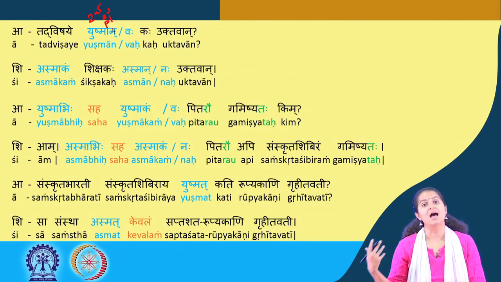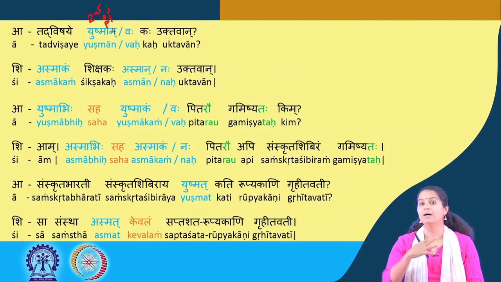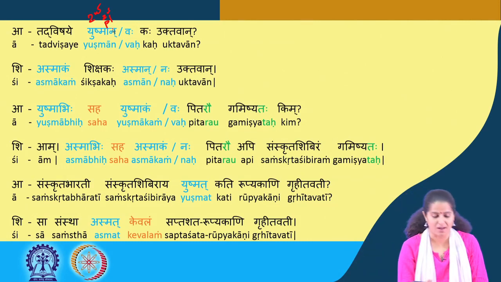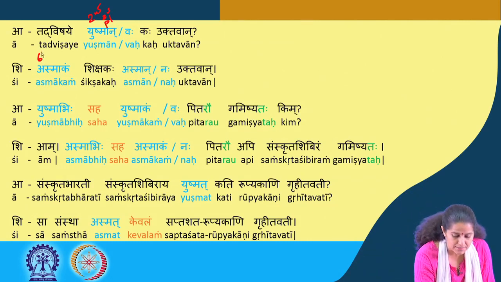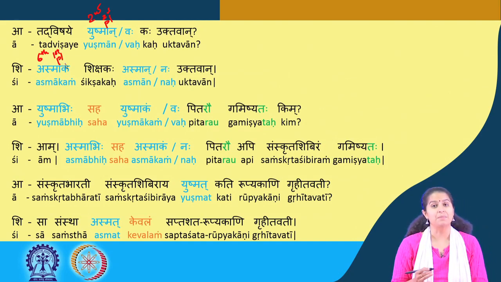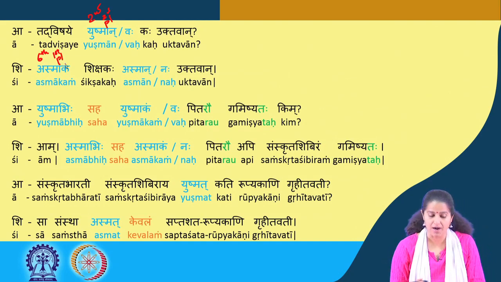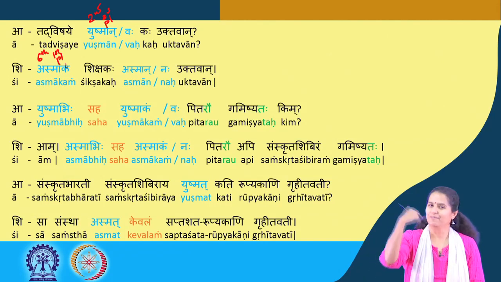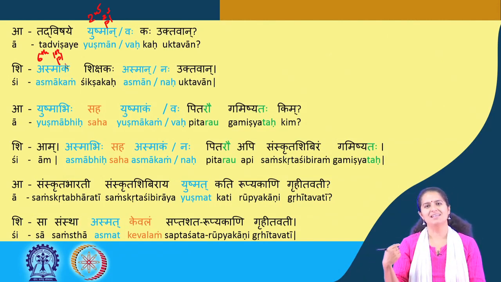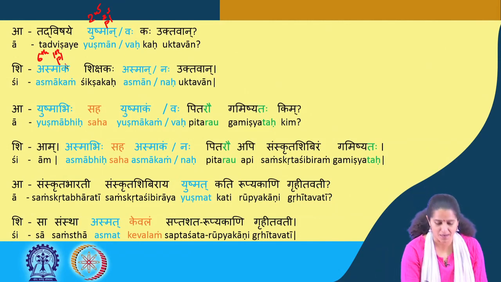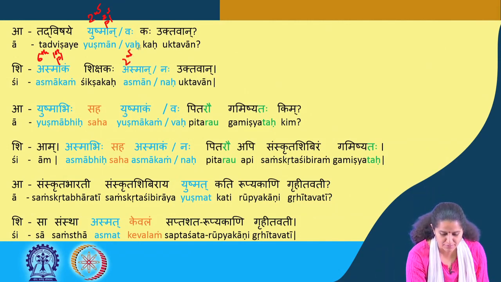The answer is asmakam, not mama but asmakam, which is the sixth case for the first person plural. Asmakam shikshakaha asman. So yushman for 'you', and for 'us' in the second case it is asman. This is the second case for the first person plural.